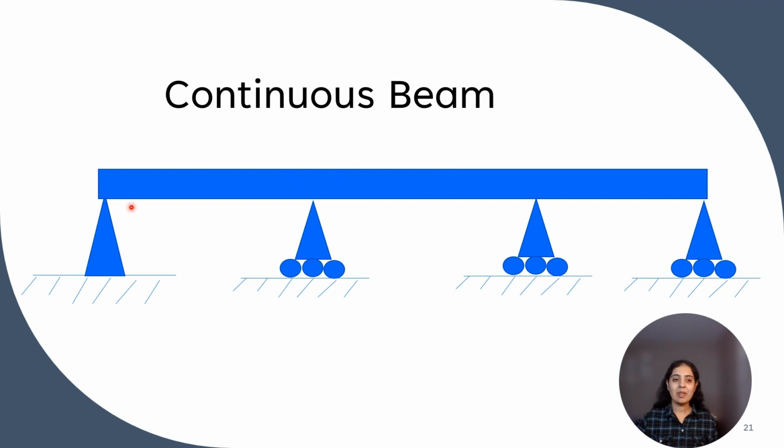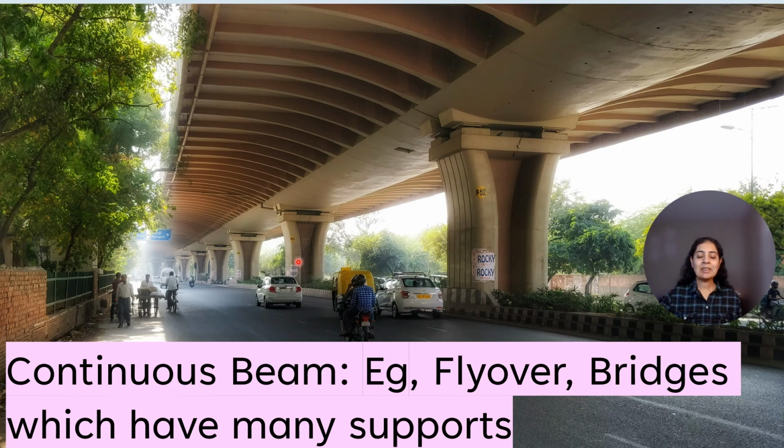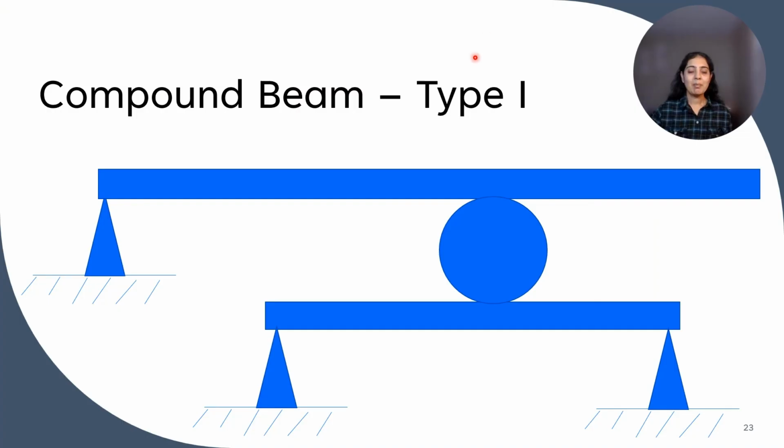Continuous beam. A beam which is supported on more than two supports is a continuous beam. In the picture, you can see an example of a continuous beam. It is a flyover or bridge which has many supports. Compound beam. This is type 1 of the compound beam.